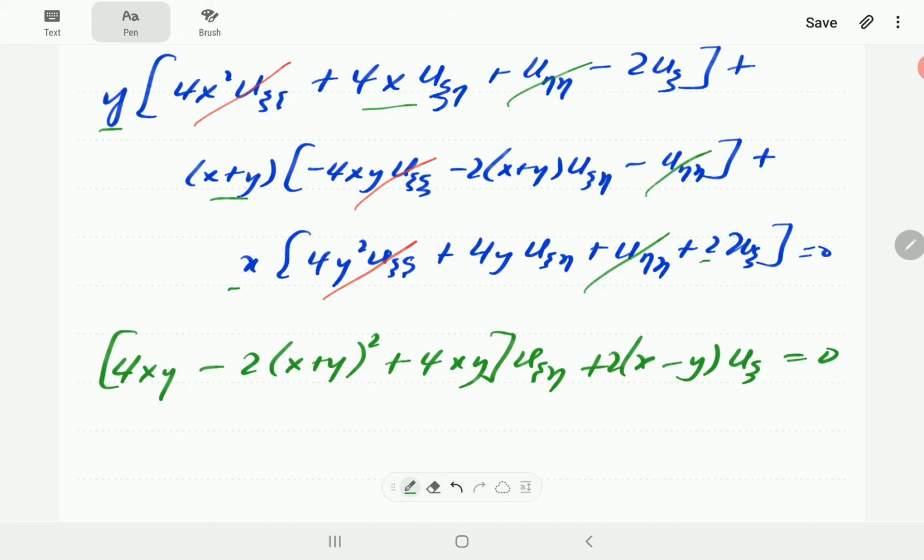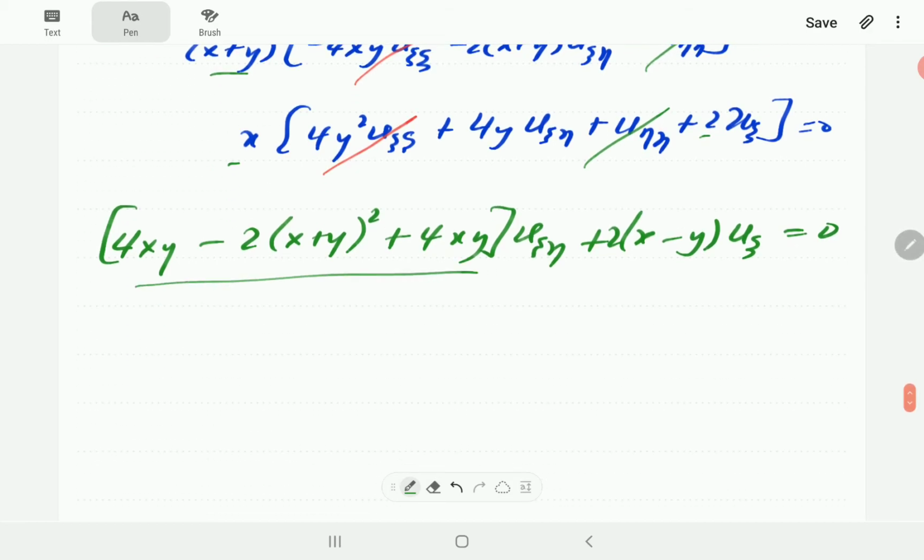Now let's work out this first term here. So this first term is going to be 8xy minus 4x squared, minus, it's actually 2x squared, then minus 4xy and minus 2y squared.